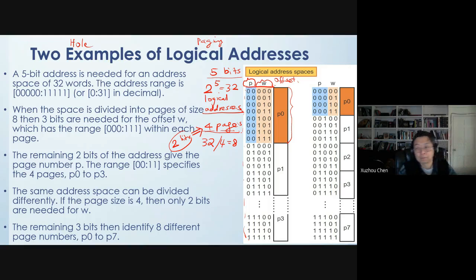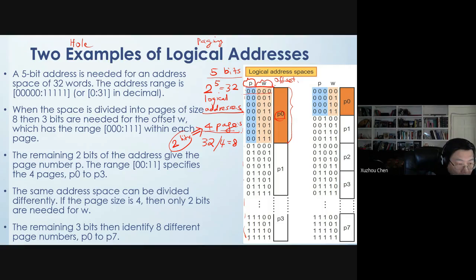Okay. Now remember, for each page, like this one, page 0, the offset starts from 0, 0, 0. That's the first, it represents the first memory address in this page 0.